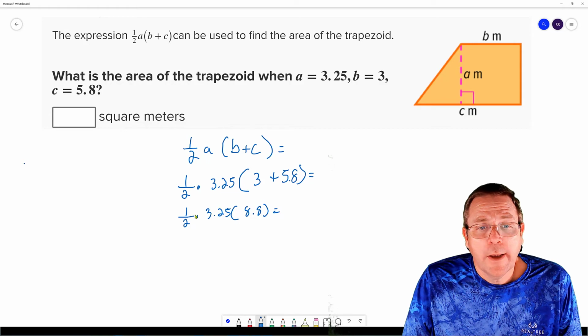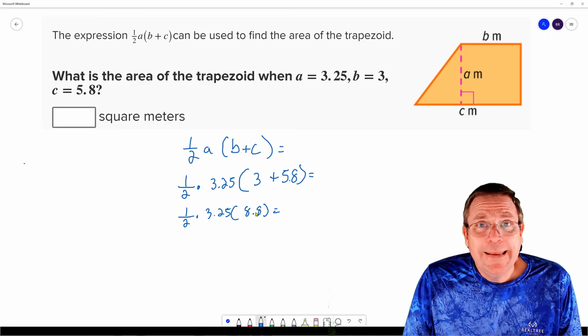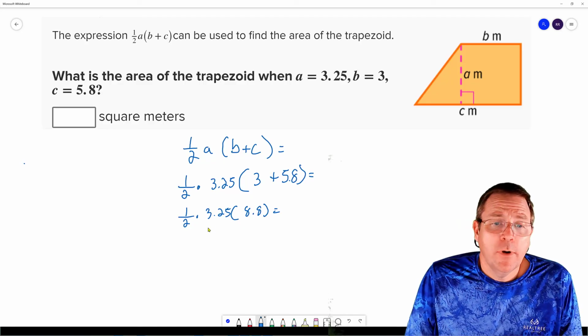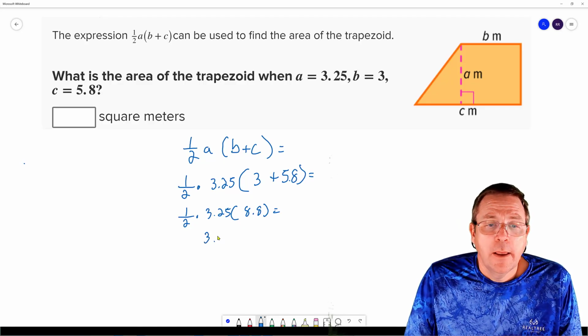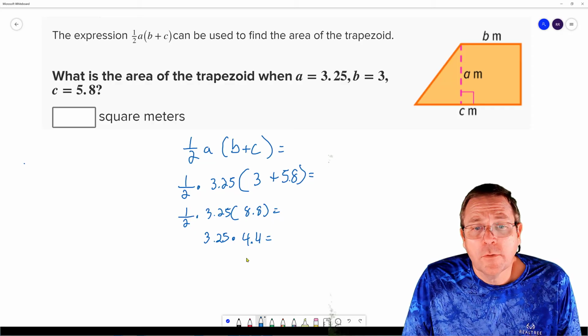So I could do 1/2 of 3.25, I could do 1/2 of 8.8, or I could do 3.25 times 8.8. The easiest thing to do is 1/2 of 8.8, because if I did that, I would leave my 3.25 alone, and half of 8.8, well, that's just going to be 4.4. And that made the math pretty darn simple there, didn't it?